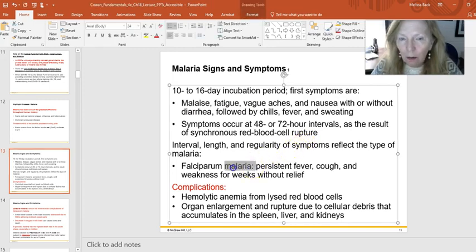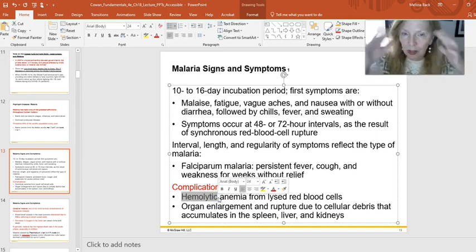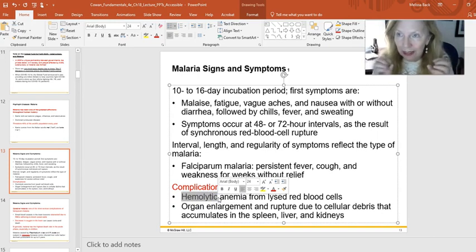Again, there is more than one species that causes malaria. Plasmodium falciparum is one, and it has a very high mortality rate. It's one of the worst mortality rates, because what it can lead to is the red blood cells lysing. And you can imagine red blood cells should not be lysing and spilling their contents into blood plasma.